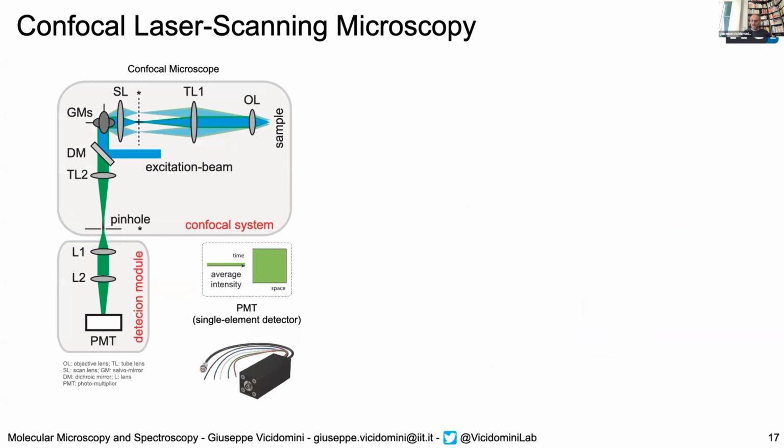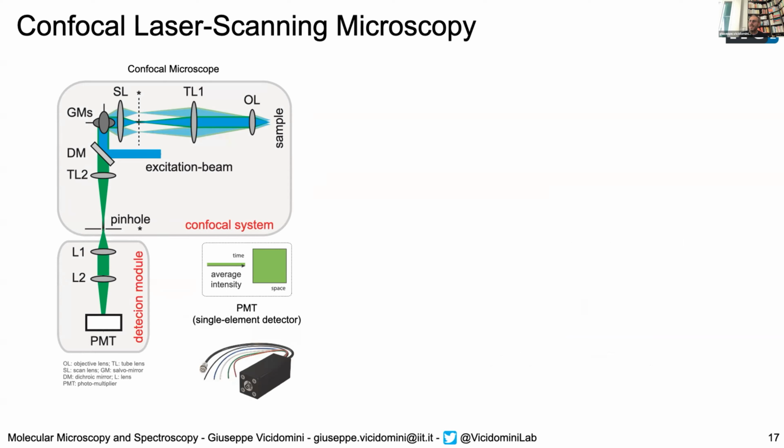So to start describing this project, let me take one step back and say a few words about the confocal microscope. I'm sure that most of you know the confocal microscope mainly for its ability to perform three-dimensional imaging, to have optical sectioning and allow you to navigate inside your samples across the axial dimension.